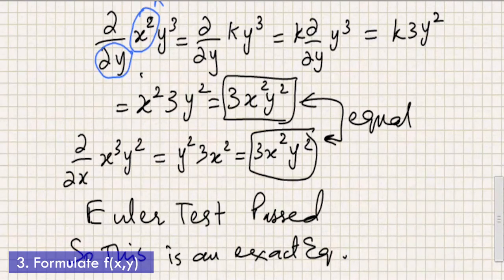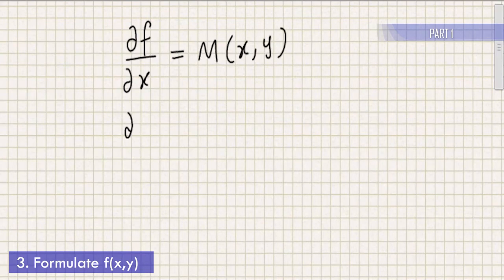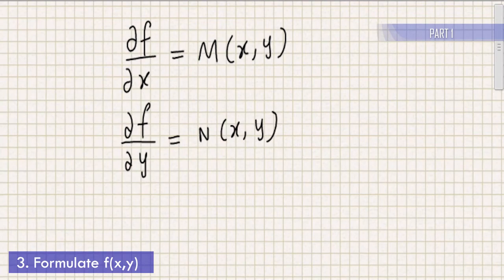In order to solve the exact equation, first we start by understanding the definition of an exact equation. The definition says that we should be able to find a function f such that if we take the partial derivative of f with respect to x, we get M(x,y), and if we take the partial derivative of this unknown function f with respect to y, we get N(x,y), right?